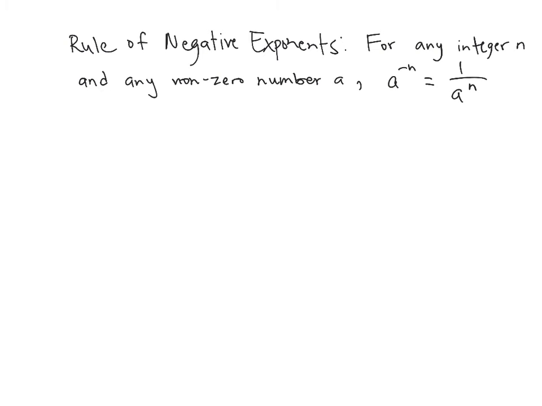That one's a little bit weird, but here are a couple of examples of how you might see that, because I think that's the wording in our textbook, but it's a little bit heavy wording. What that really means is if I have 4 to the negative 2, I can write that as 1 over 4 to the power of 2, and 4 times 4, so 1 over 16, right?